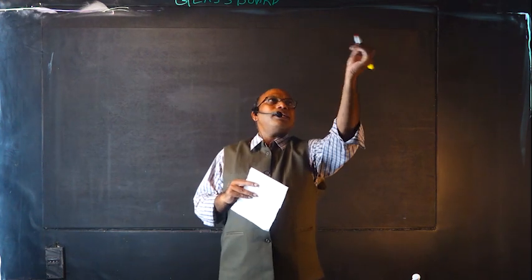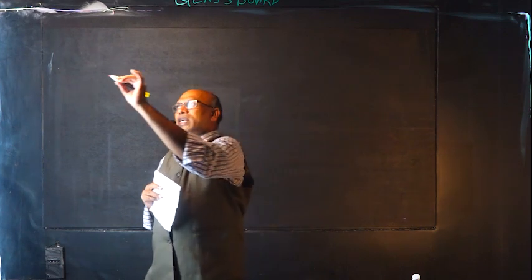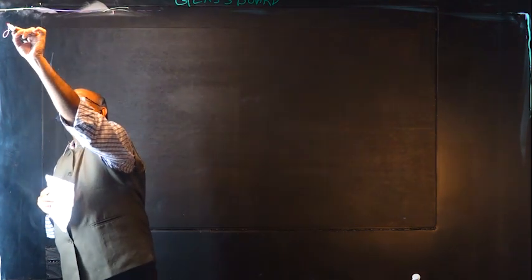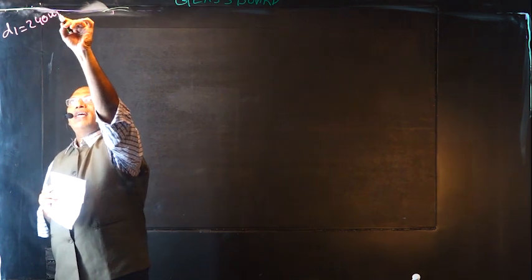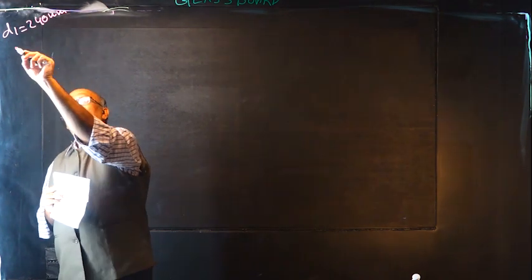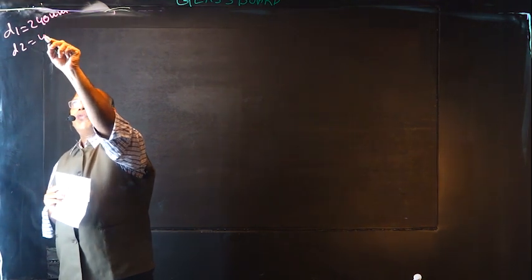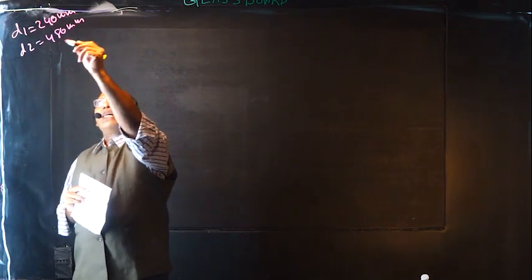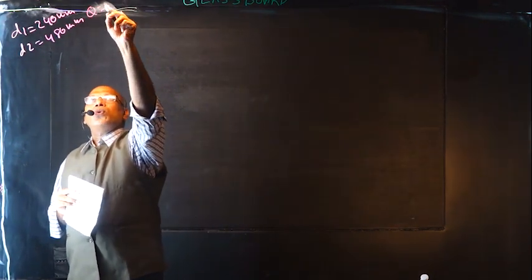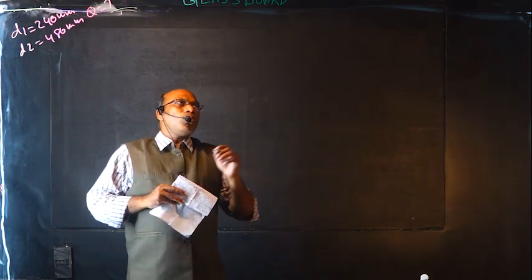Here the initial diameter is given, D1 is equal to 240 mm, and the enlarged diameter D2 is equal to 480 mm. Find the rate of flow, Q is equal to what?